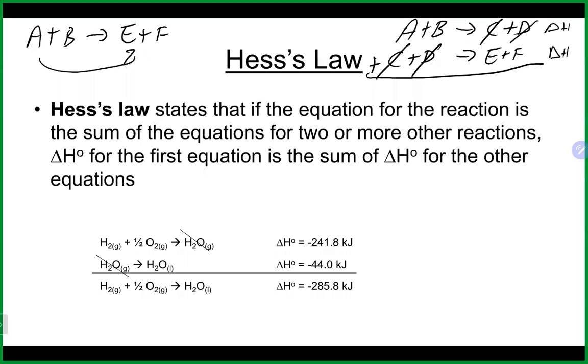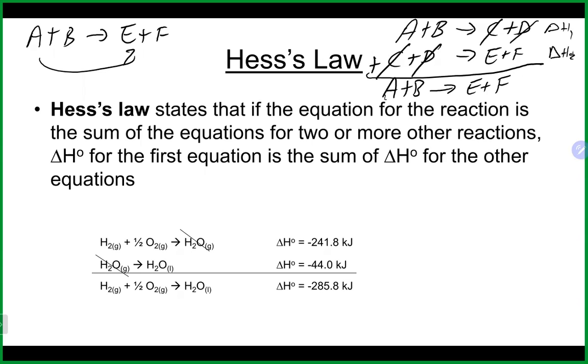Once you get rid of everything that cancels or reduces down, everybody on the left stays on the left, everybody on the right-hand side of the arrow stays on the right-hand side of the arrow, and that leaves us A plus B goes to E plus F. We'll call that 1 and 2. Any questions on that?